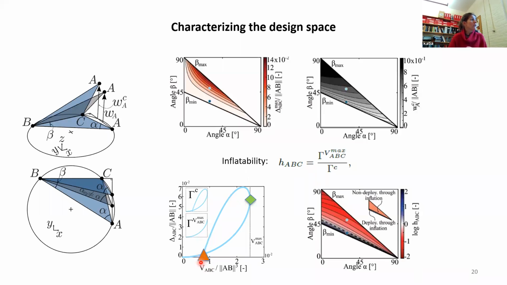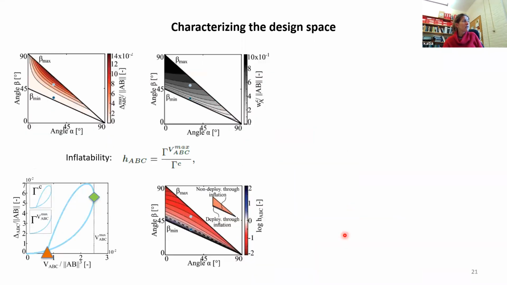And I want this ratio to be greater than 1, which means I want the log to be greater than 0. And where is this happening? It's happening close to the lower boundary.